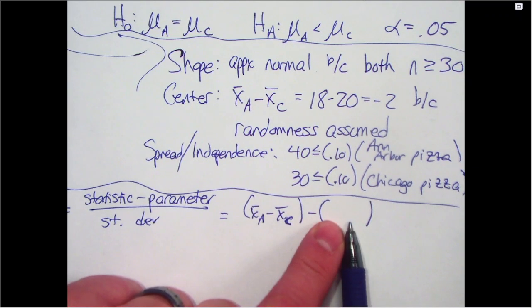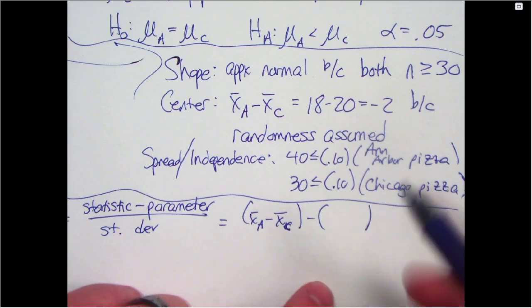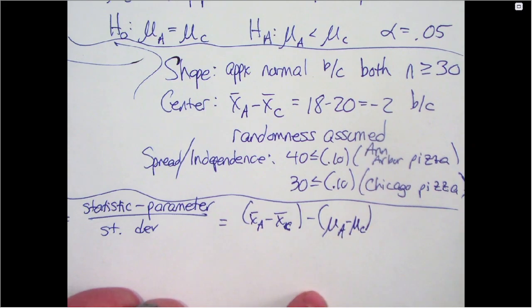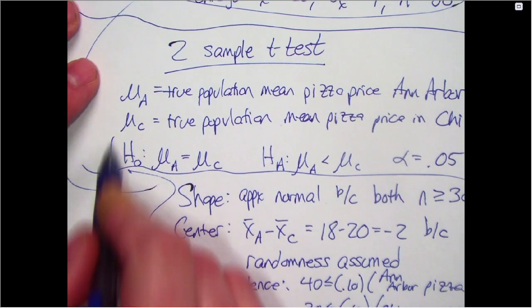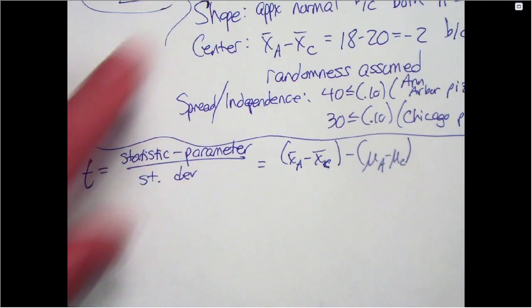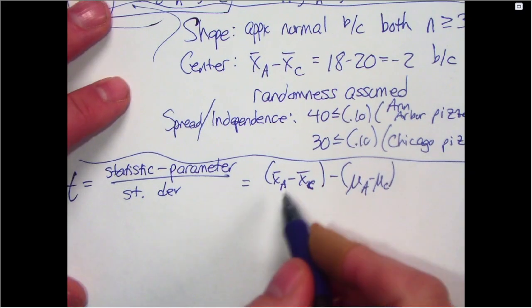I'm going to put here mu A minus mu C, because the parameter says the population values. But in a second, when I go to my next step, what is mu A minus mu C? It's 0, because up here I declared we're assuming they're equal. If they're equal and I subtract them, I will get 0. So that'll be the next step.